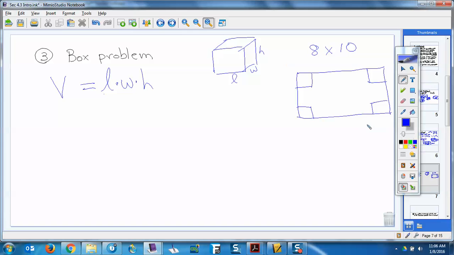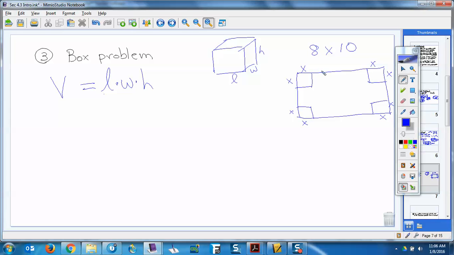How can I label this thing? Length can be like 10 minus 2x. Okay, where's your x coming from? The cut out pieces. I think that's a great idea, because what we don't know is how big a piece to cut out, right? So I think calling that x would be a great idea.